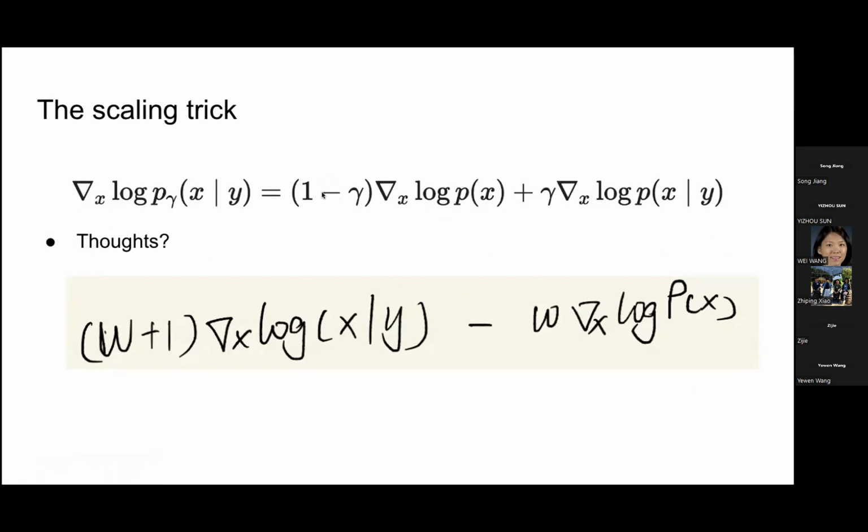Then this becomes minus w, and this gamma becomes w plus 1. These are from two papers, and they use different notations.